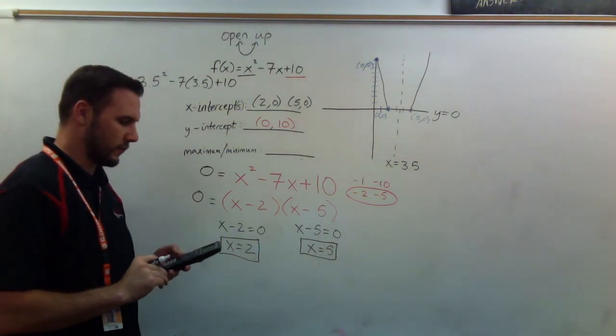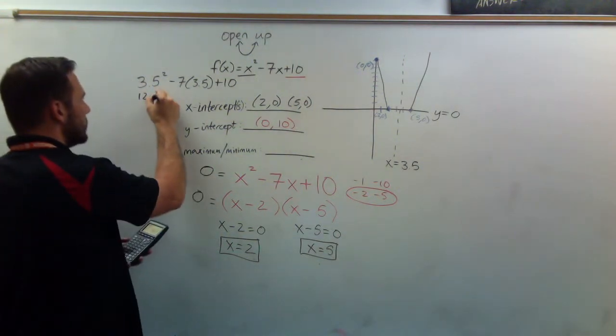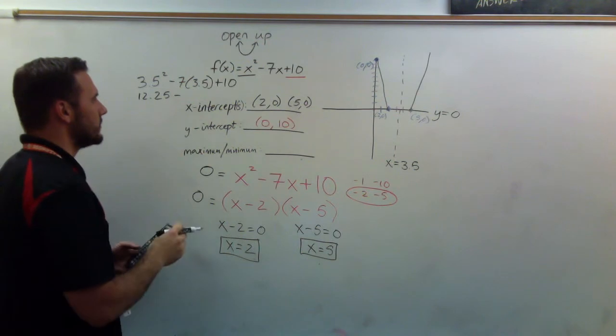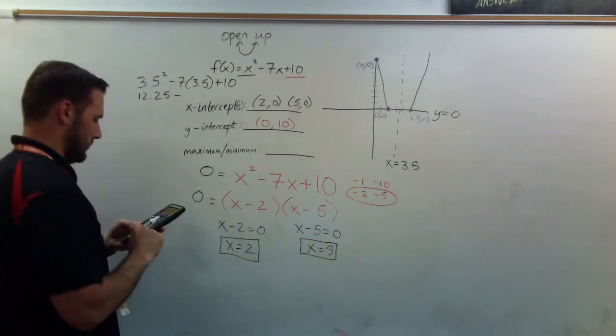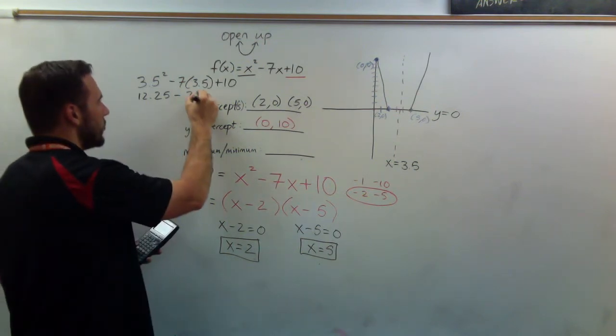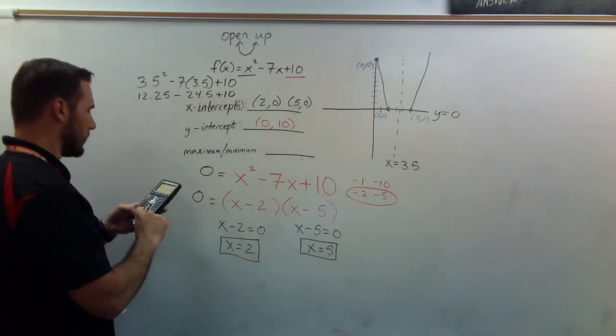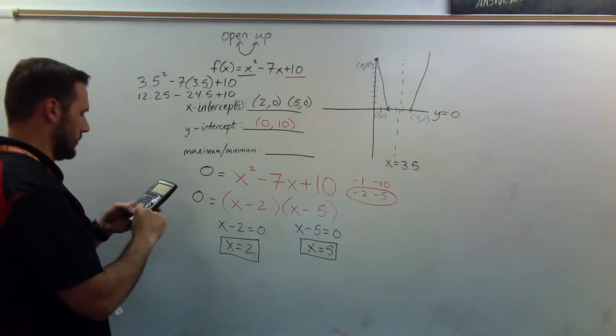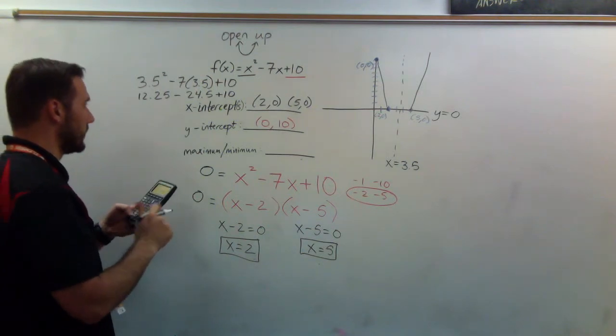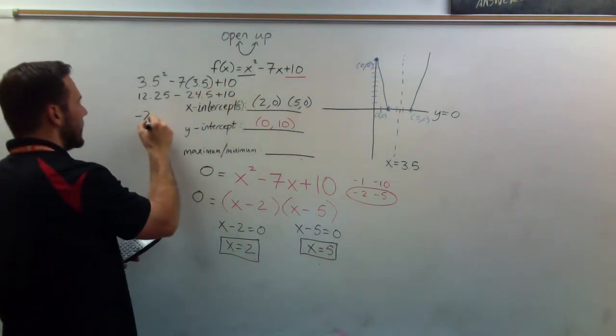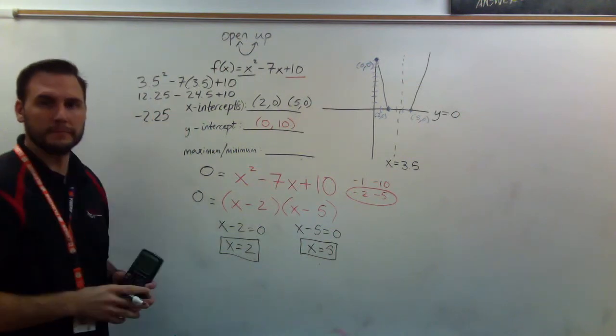So 3.5 squared gives me 12.25. Subtract 7 times 3.5, which gives you 24.5, and then turn around and add 10. And then we plug all that in once more. 12.25 minus 24.5 plus 10 gives me a y value of negative 2.25.